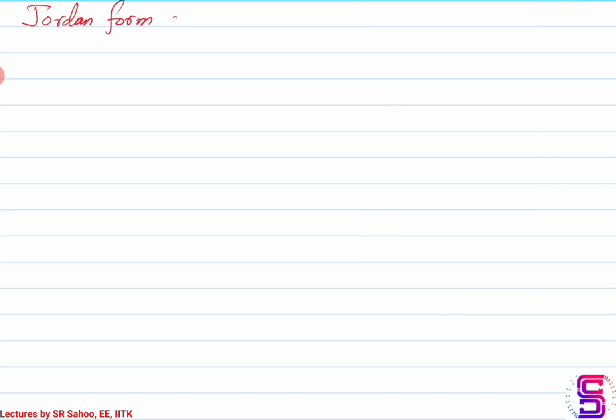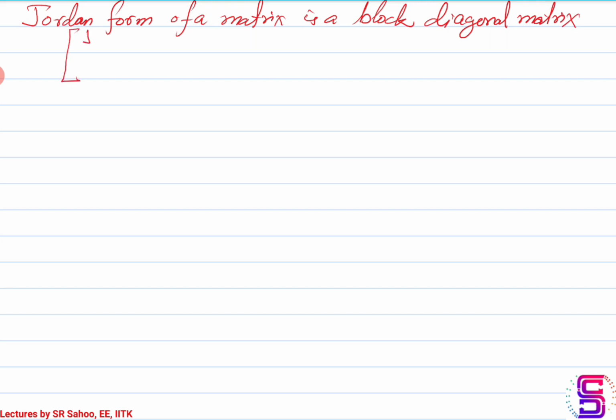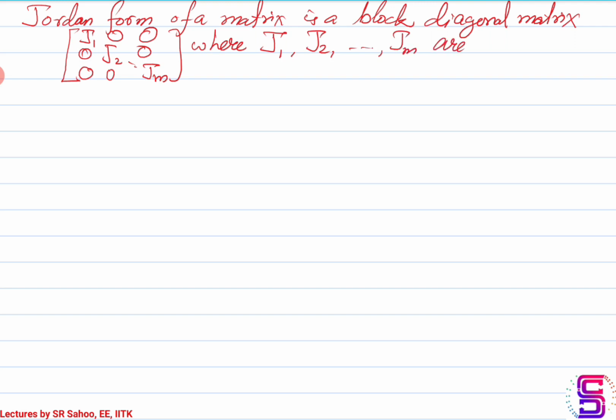The Jordan form of a matrix is a block diagonal matrix of the form J1, J2 till Jm, with all other entries zeros, where J1, J2, Jm are the Jordan blocks.